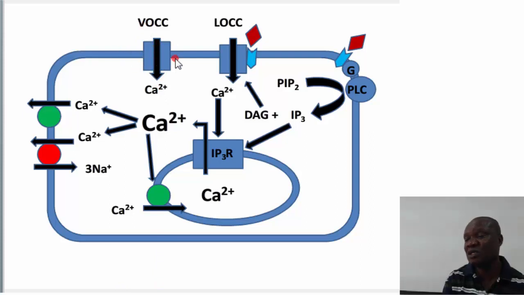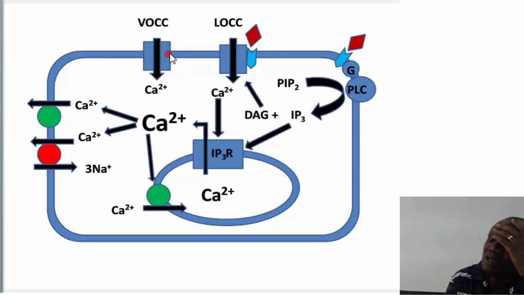These open when the voltage changes. So an action potential will cause opening of the voltage-gated calcium channels or voltage-operated calcium channels. Then we have the ligand-operated calcium channels. Now these ligand-operated calcium channels normally will bind to a messenger.